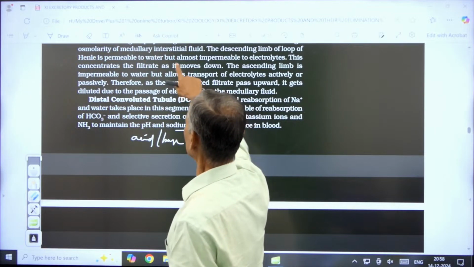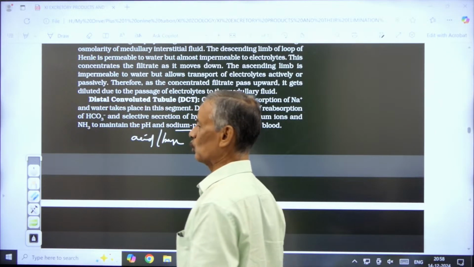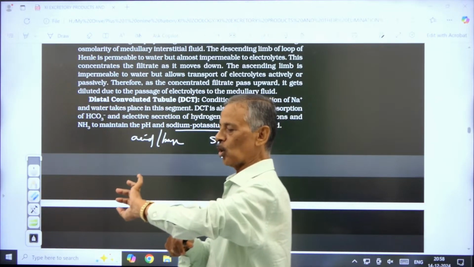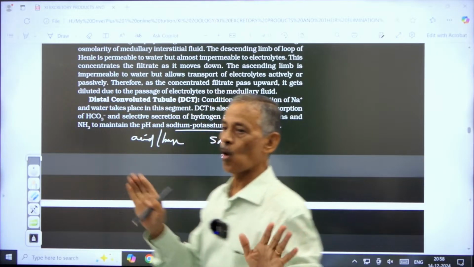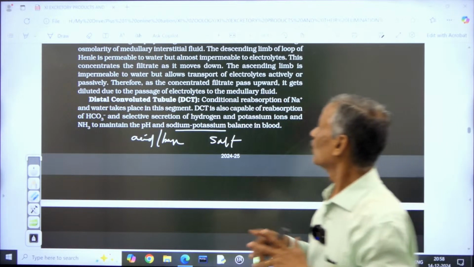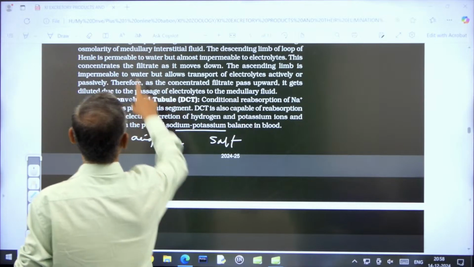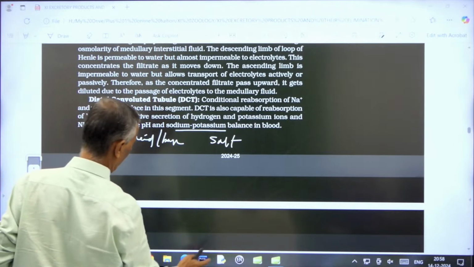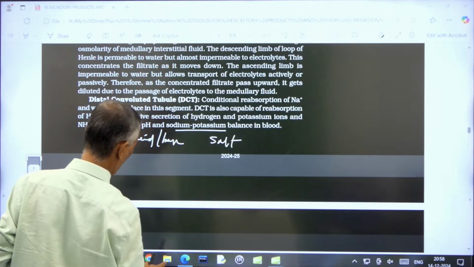Now, what is the role of Henle's loop? Henle's loop does not play much role in the maintenance of osmolarity.